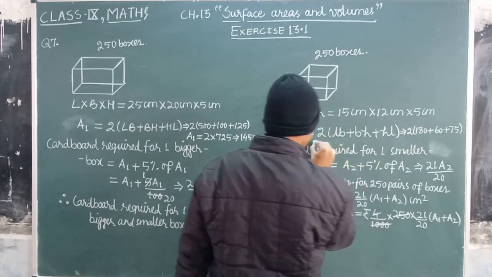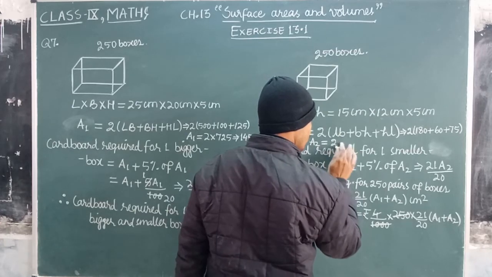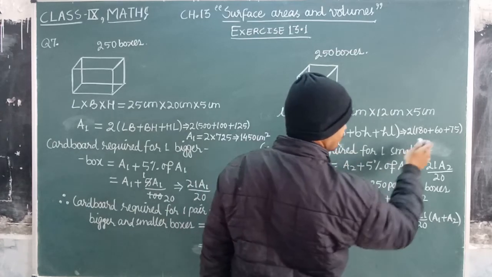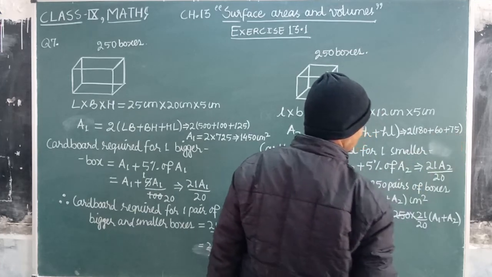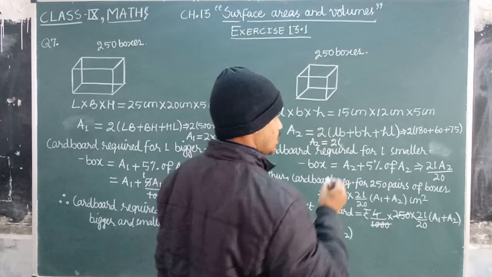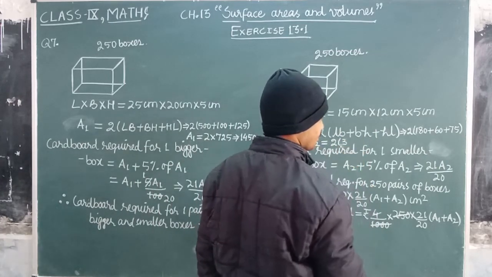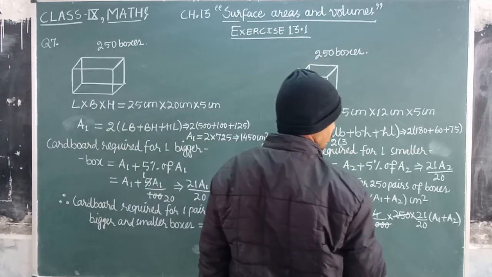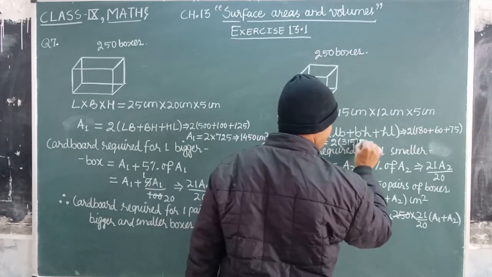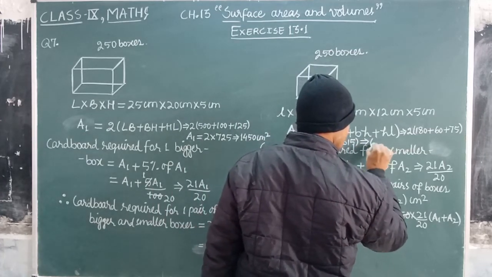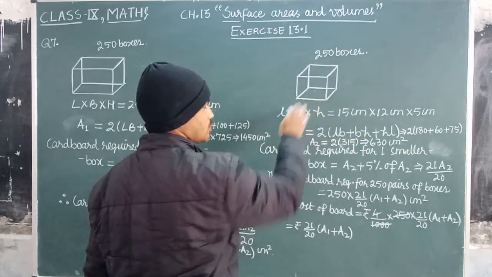So this A2 equals 2 bracket 180 plus 60, it is 240, 240 plus 75, so it is 315. And this equals 630 square centimeter. That's the total surface area of the smaller box.